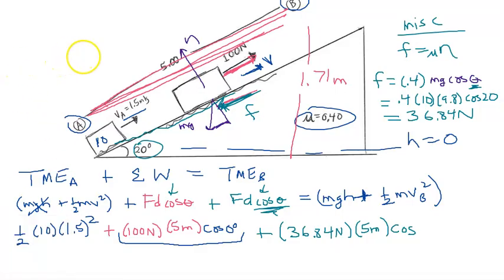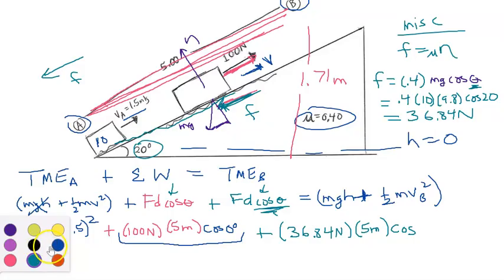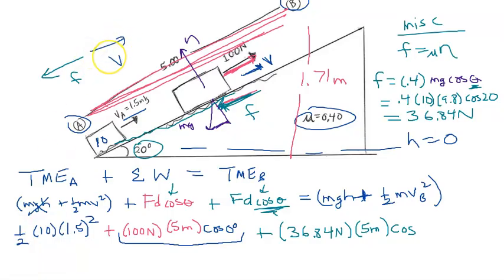Friction is down the incline and the motion is up the incline. The angle between these two is 180, so that's cosine of 180. Lots of stuff going on, which is again why it's helpful to have friction off to the side.